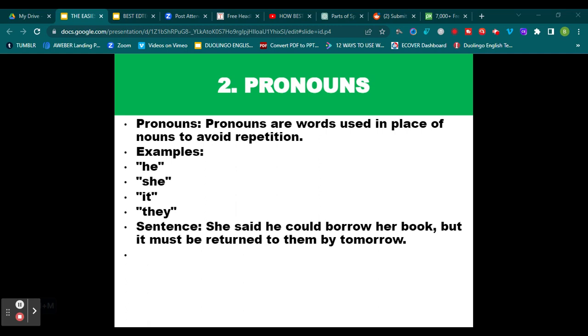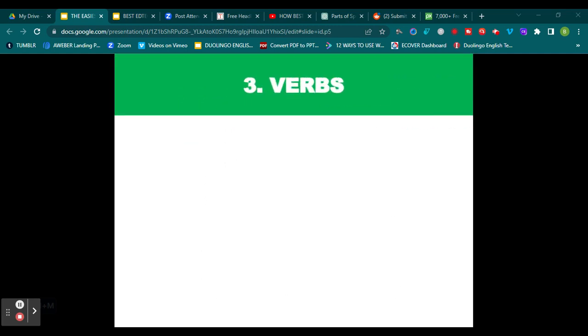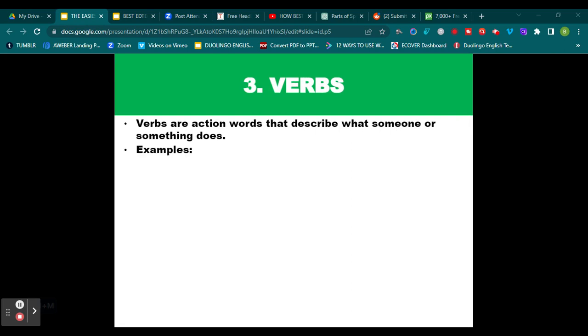Now, moving on, let's look at the third one, which is verbs. Verbs are action words that describe what someone or something does. Let's look at some examples. Run, sing, eat, write. Now, let's look at how we can use run in a sentence.